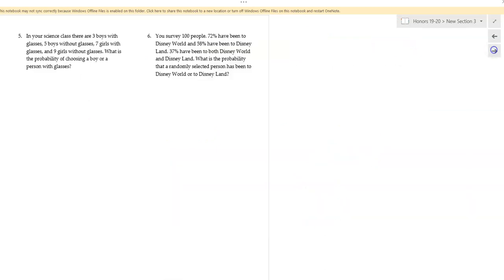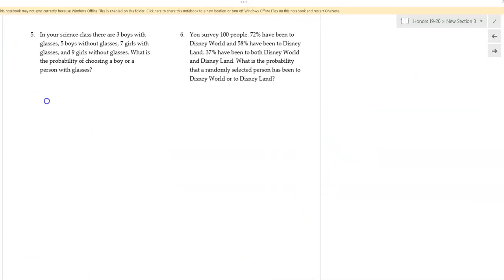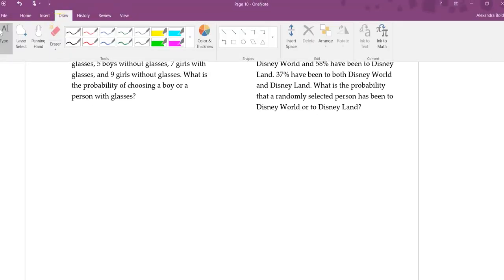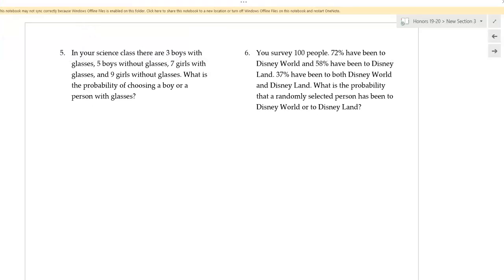All right, looking at our next page. In your science class, there are 3 boys with glasses, 5 boys without glasses, 7 girls with glasses, and 9 girls without glasses. What is the probability of choosing a boy or a person with glasses? Okay.